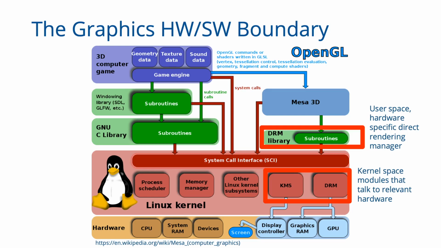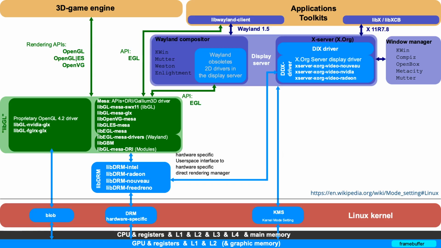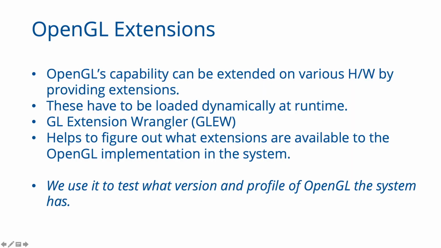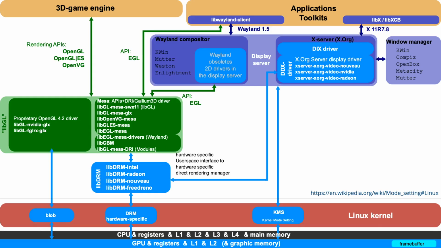Okay, now there is a slightly different view of the same. This has a little bit more detail, so you can see that you have the same application program here.